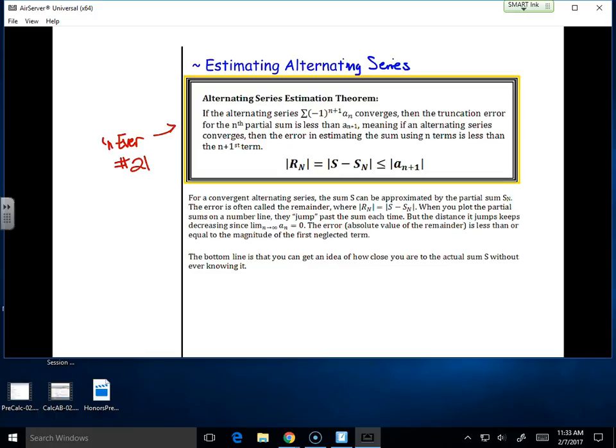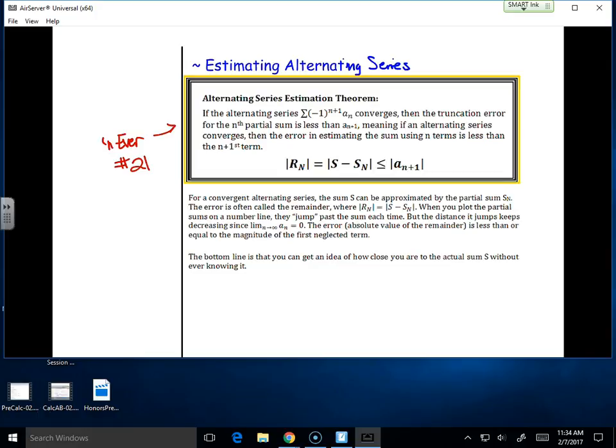The truncation error for the nth partial sum is less than a sub n plus 1, or the n plus first term. Meaning, if an alternating series converges, then the error in estimating the sum using n terms is less than the n plus first term.